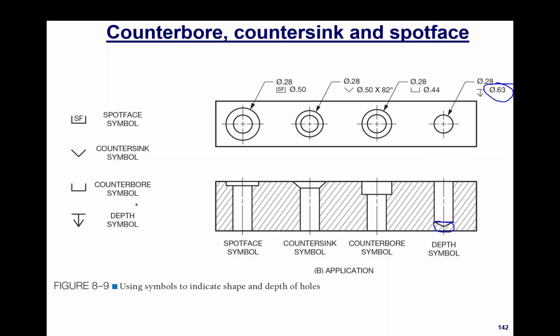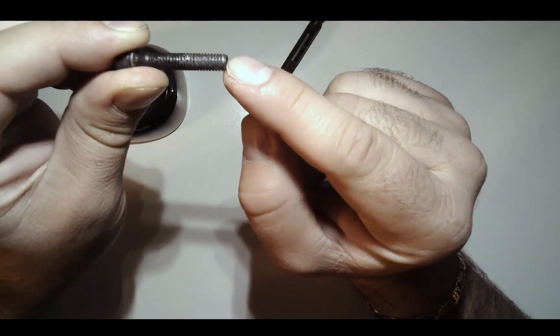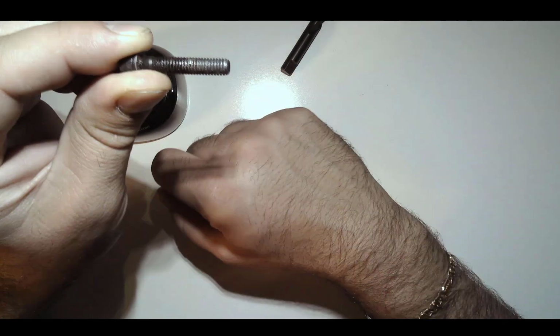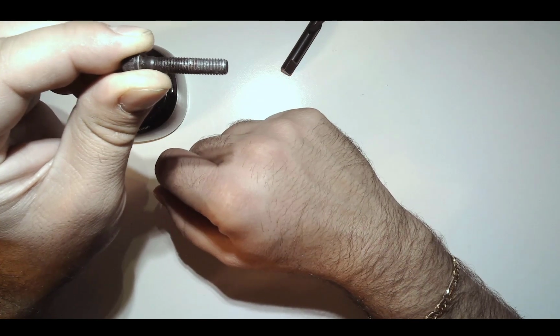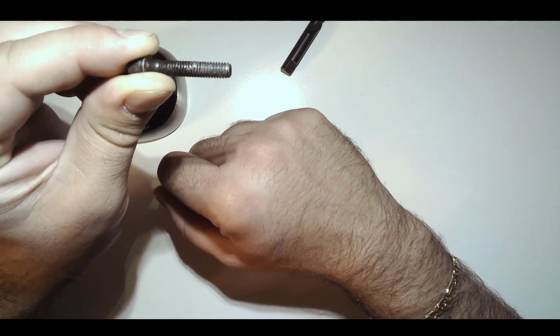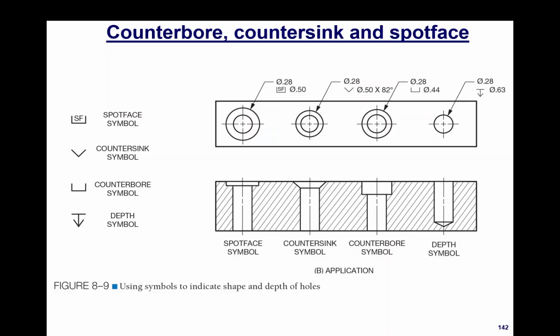Meaning, if I were to thread that hole and insert a screw, this thread of this cap screw is not going to engage with that conical portion of the hole. It's not functional. So the 0.63 is referring to the functional part of the hole, so it's not including the conical depression.